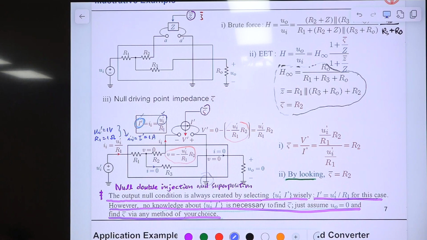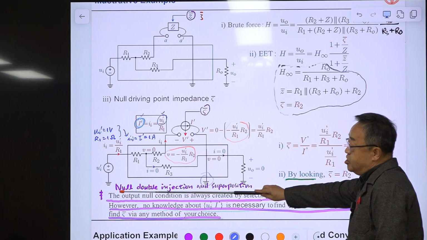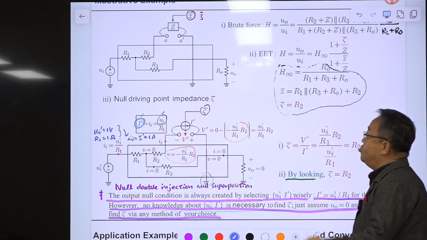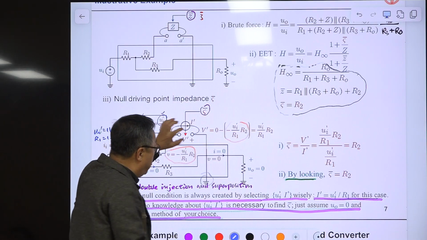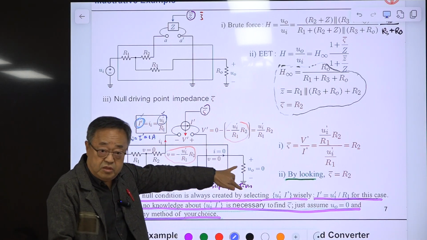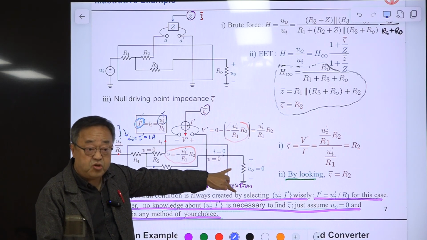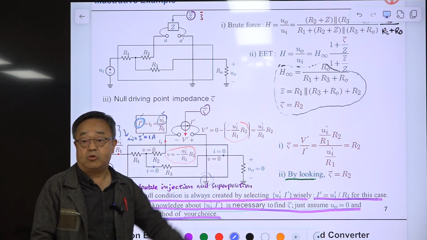So when Dr. Middlebrook first published this, he used this term, null double injection. So you are injecting two signals, one here and another one here, to create this output null condition. That is always possible. Think about the superposition.